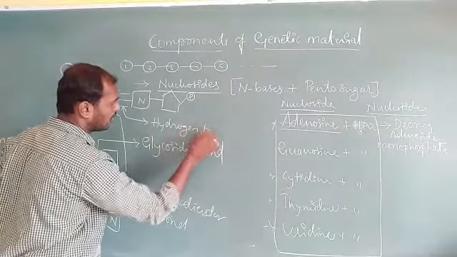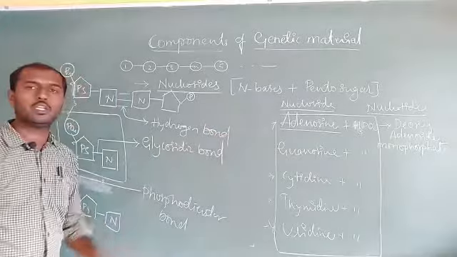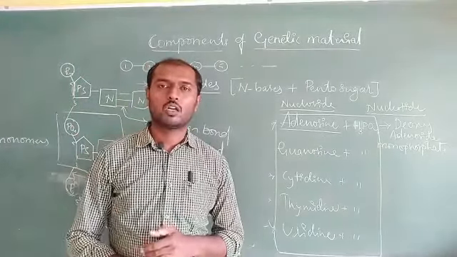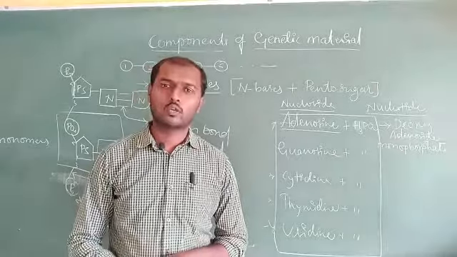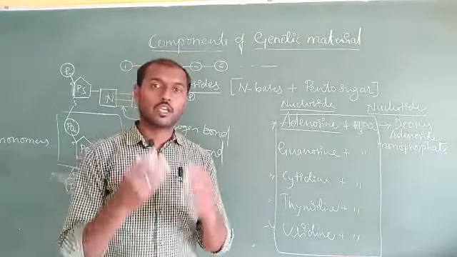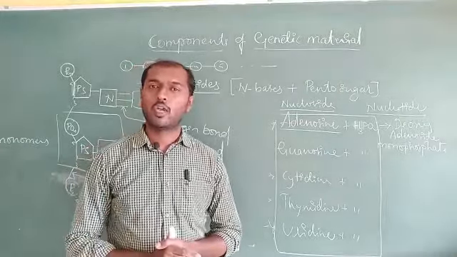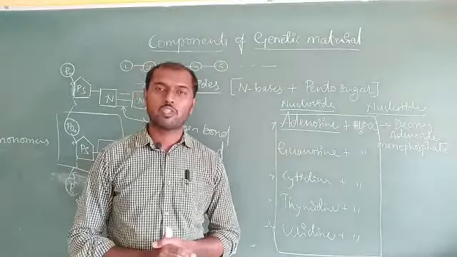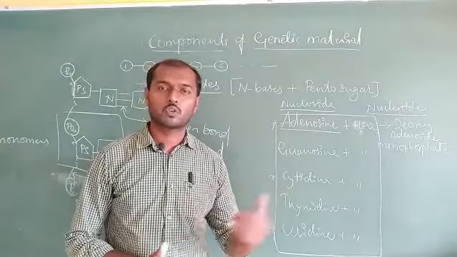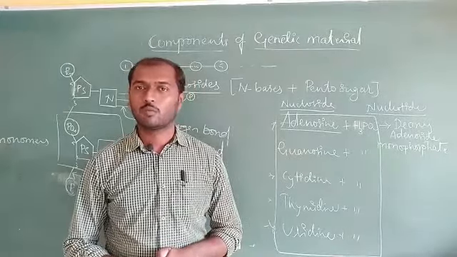So usually we get three bonds here: the phosphodiester bond, the glycosidic bond, as well as the hydrogen bonds. In the next video we are going to study how the DNA is actually constructed. Please go through this video, and if you have any doubt, please message me.